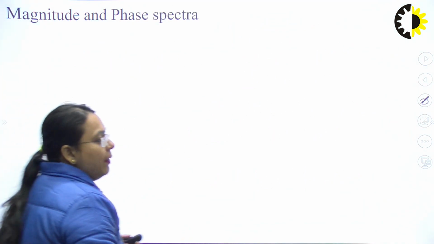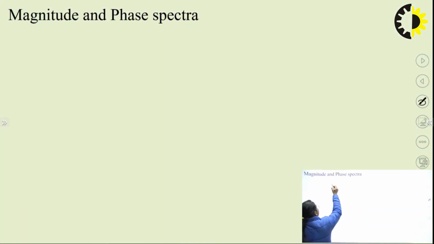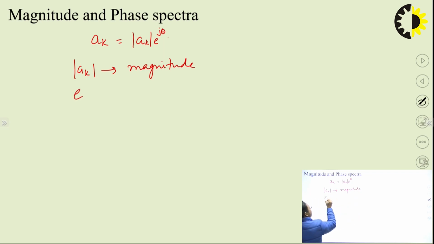So now what are the magnitude and phase spectra in terms of the Fourier series? Let's say the Fourier series coefficient ak can be written as its magnitude times e raised to the power j theta. Here the mod of ak is referred to as the magnitude of the coefficient, and theta is referred to as the phase.